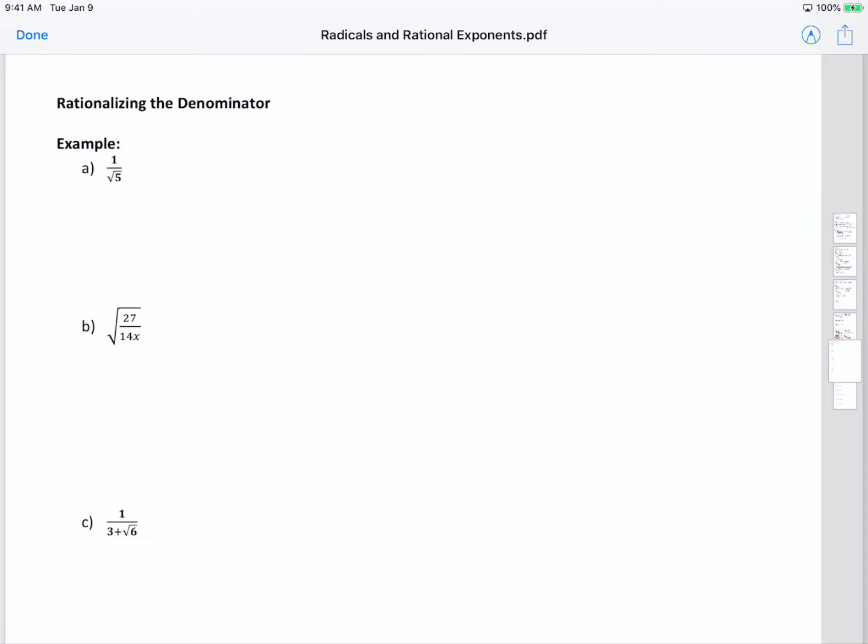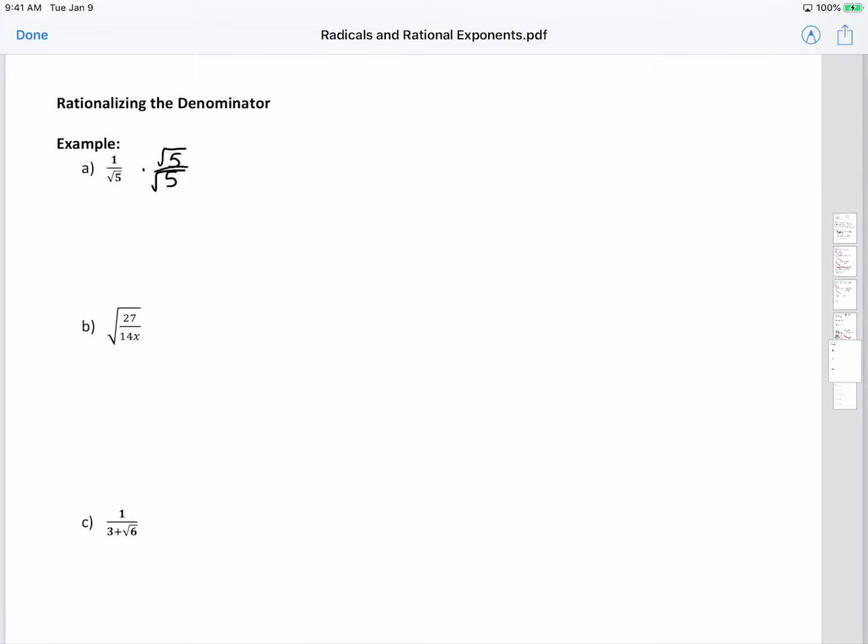Okay, now we're going to talk about rationalizing the denominator. When we rationalize the denominator, that means we don't want to have any square roots or any roots at all in the denominator. And the method to getting rid of the square root or any root in the denominator is by multiplying the top and the bottom of the fraction by that root.